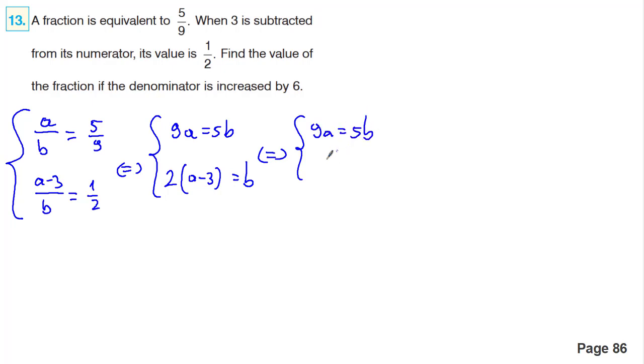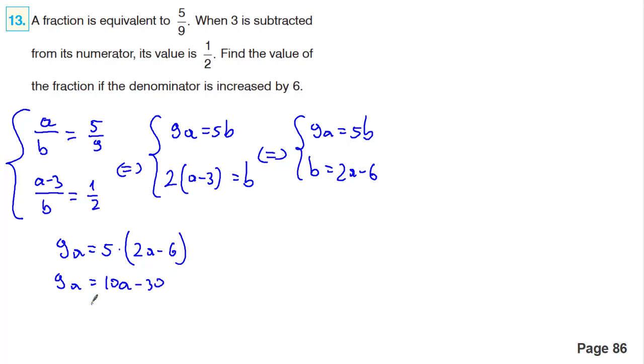Let's just make it a bit better. So b is 2a minus 6. Now we can use the substitution method to substitute here. So using the substitution method, you get 9a is 5 times 2a minus 6. So 9a is 10a minus 30, which leaves us with 0 is a minus 30, which is a is 30.